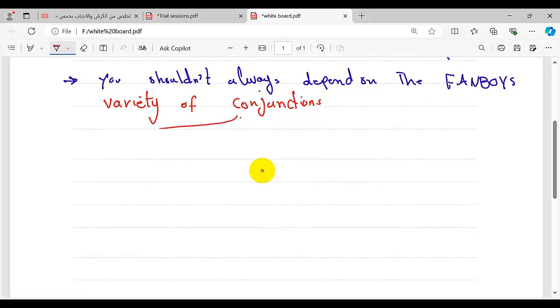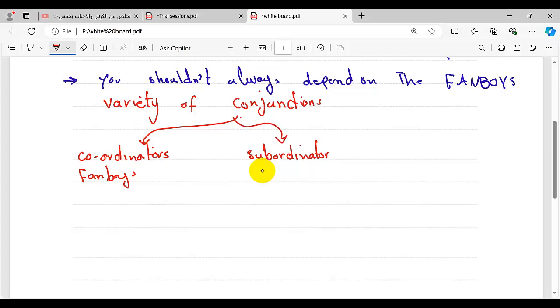As we mentioned, we have the fanboys or the coordinators, and we have the subordinator, which we name the subordinating conjunction. This is a different kind, by the way.